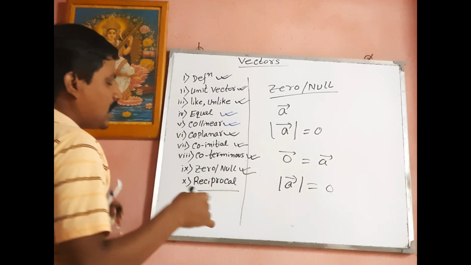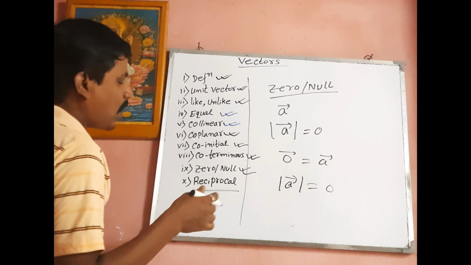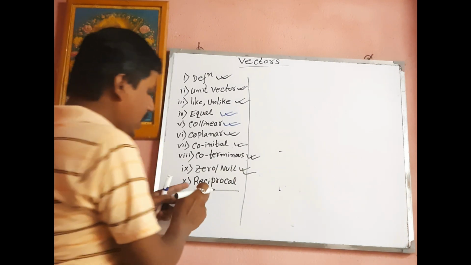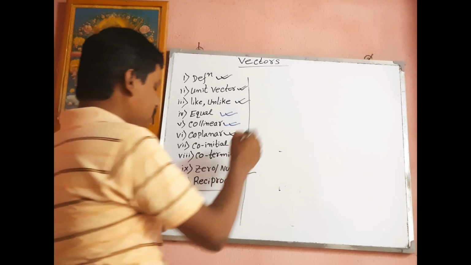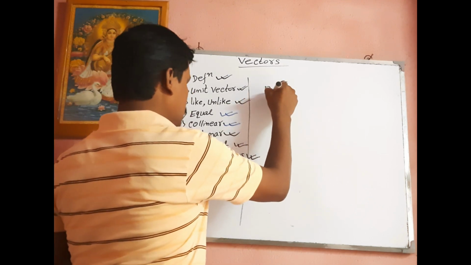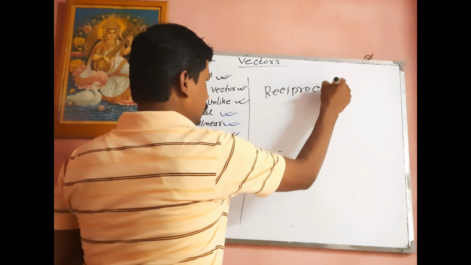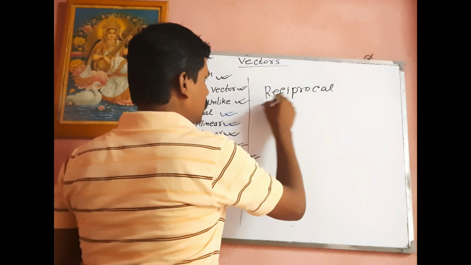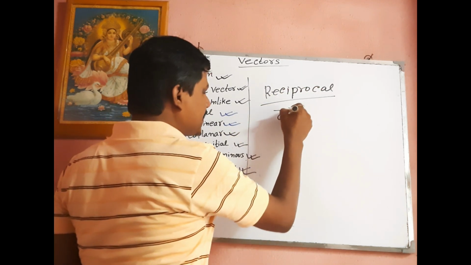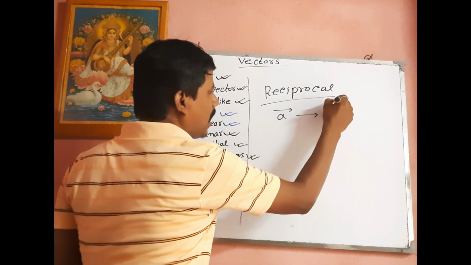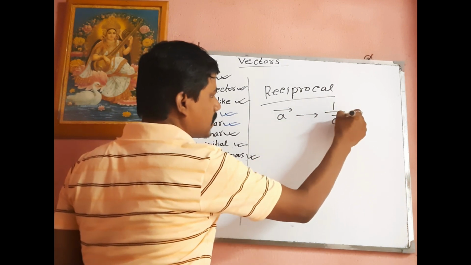Now we are discussing the next and last part of today's discussion, that is the reciprocal vector. Suppose A is a vector, then the reciprocal of vector A is this.